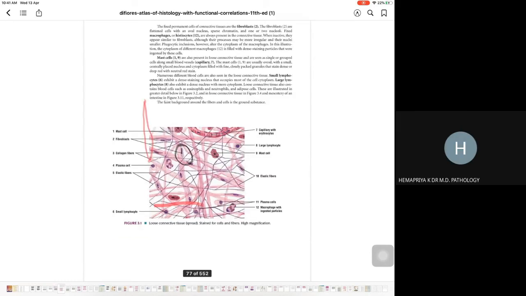Figure 3.1: loose connective tissue spread stained for cells and fibers, high magnification. Number 1 is mast cells, sir. 2 is fibroblast, 3 collagen fibers, 4 plasma cells, 5 elastic fibers, 6 small lymphocytes, 7 capillary with erythrocytes, 8 large lymphocytes, 9 mast cells, 10 elastic fibers, 11 plasma cells, 12 macrophages with ingested particles.